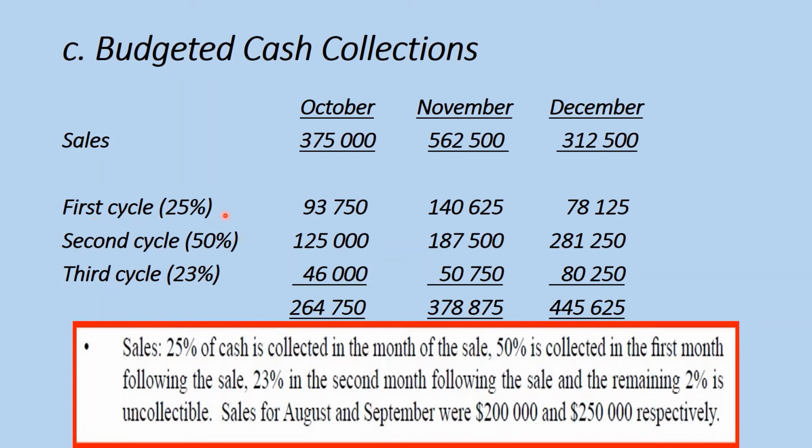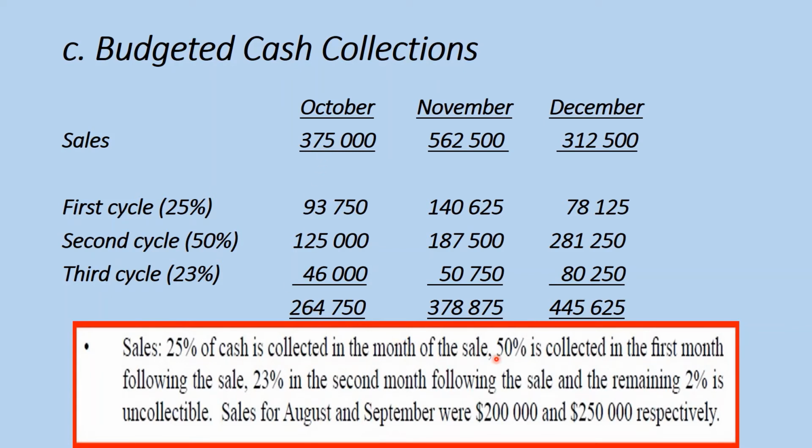The first cycle would be 25% of whatever sales we have for the month, so we can calculate 25% of that. Then the second cycle is 50% of the previous month, right? So that would be 50% for October.